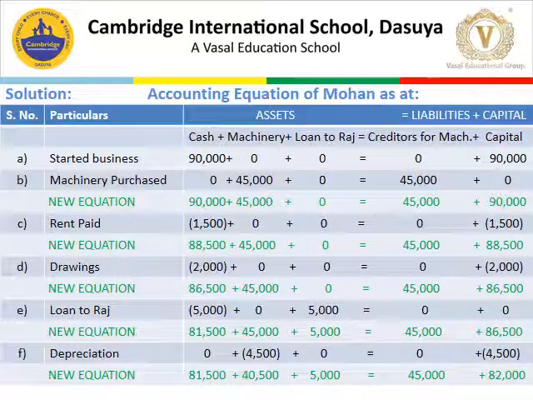So we will deduct 4,500 from the machinery, and the same amount of rupees 4,500 will also be deducted from the capital, because depreciation is also considered as an expense. So the final effect of the depreciation is to deduct 4,500 from the machinery account as well as 4,500 from the capital. The new equation would be cash, a balance of 81,500, machinery the balance of 40,500, loan to Raj rupees 5,000, creditors for machinery 45,000, capital rupees 82,000. Both assets and liability sides are equal.